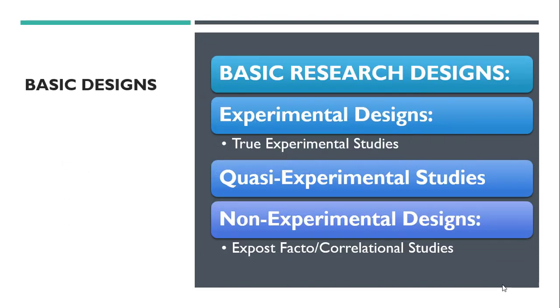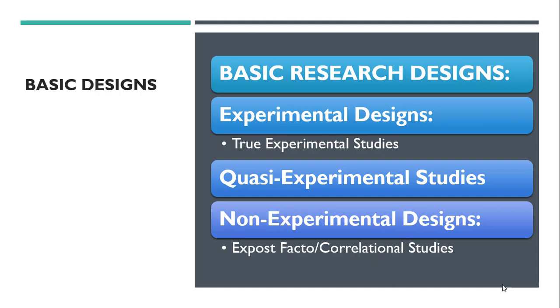Now, if we look at basic designs, what are the basic research designs that we could have? We have the experimental design, we have the quasi-experimental design, and the non-experimental design, under which we have the ex post facto or the correlational studies.